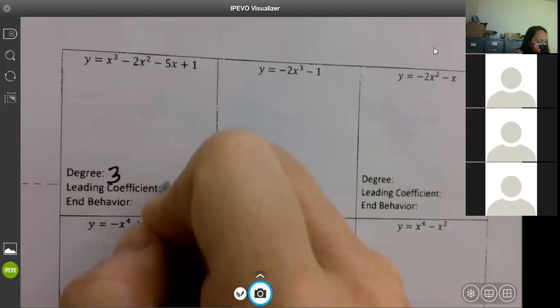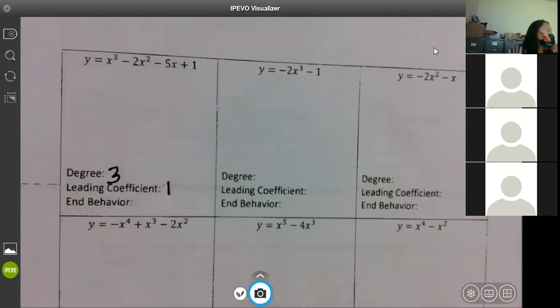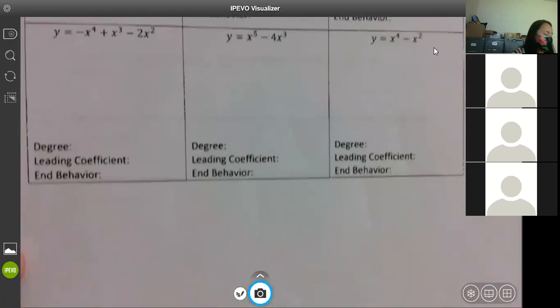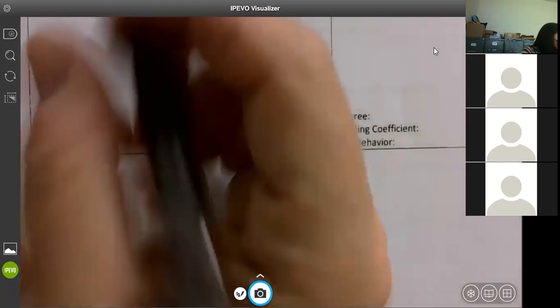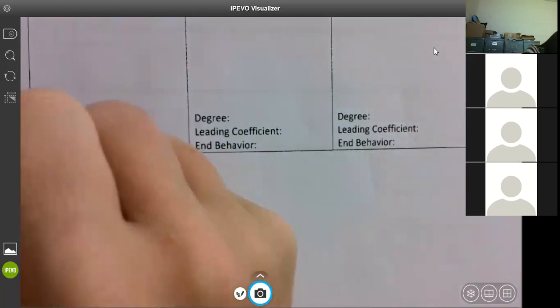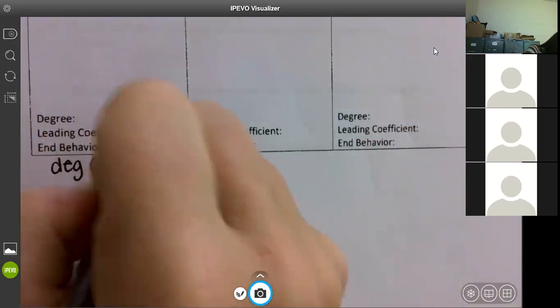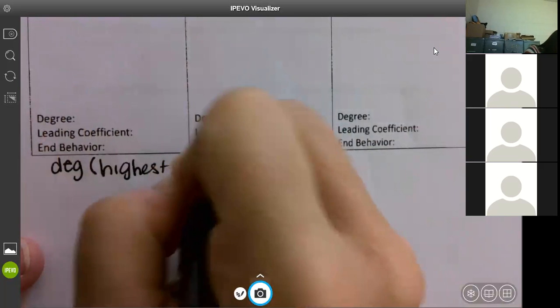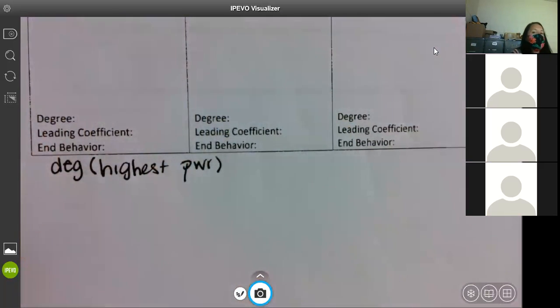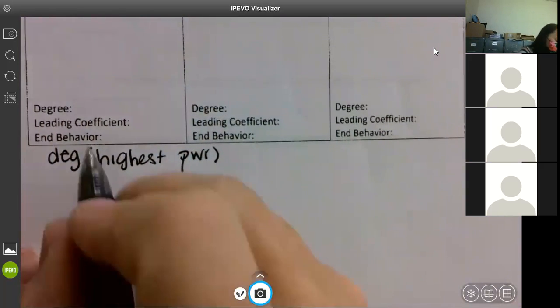Good. All right, so here's something that you need to know, and I'm going to come down here to the bottom and write it out. When you look at the degree, or the highest power, it will be one of two things.